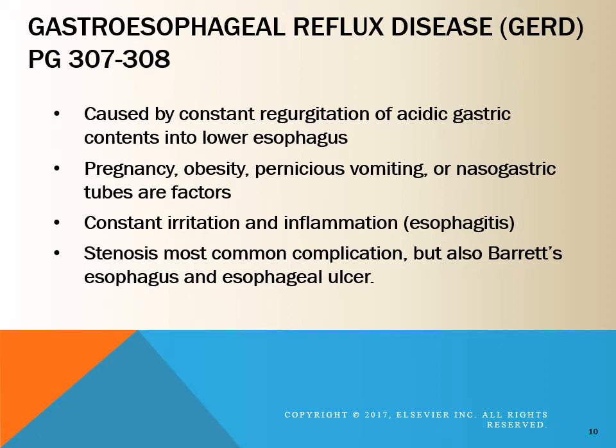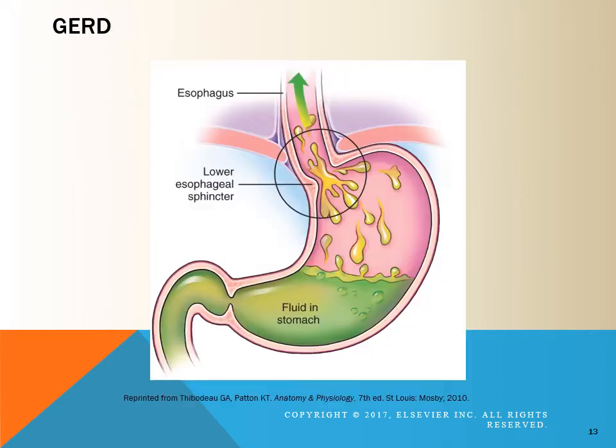So many people with GERD are obese. So we do see obesity and GERD, they definitely go hand in hand. Let's now look at it in a picture. All right, guys, a couple of things here for GERD. So we see this acidic fluid in the stomach. We see it wanting to travel upwards, up into the esophagus. This would be GERD.